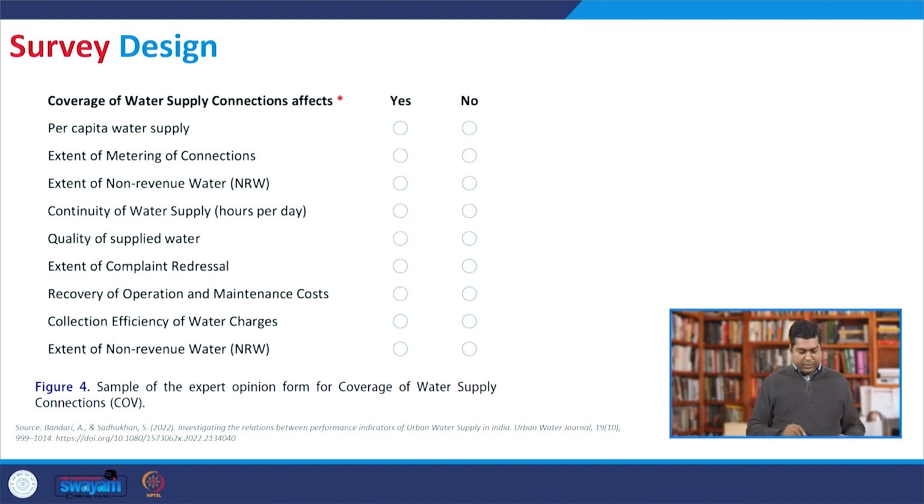This is a sample of expert opinion for coverage of water supply, which is COV. It was presented to experts who have more than 15 years of experience in managing water-related aspects.